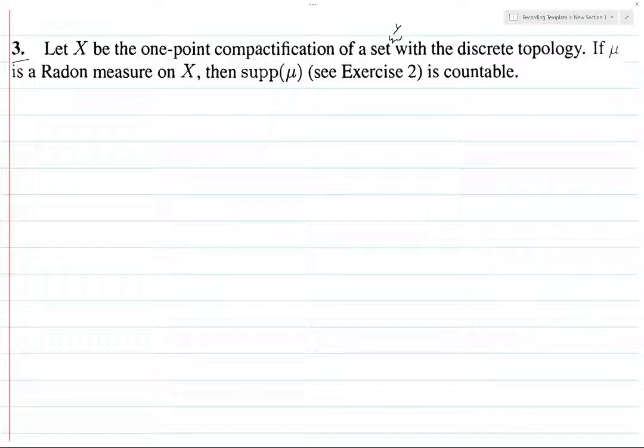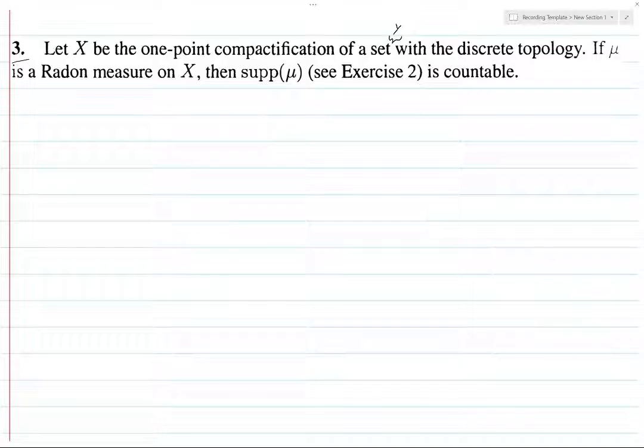A set is compact when it is a finite collection of points, and so then the complements are basically cofinite sets. Cofinite sets are also open. So X is the topology where all points, all singletons in Y are open, and all cofinite sets are open. But the cofinite sets we won't have to worry about, because those only deal with infinity, and infinity is just 1 point. And 1 point doesn't really matter when you're dealing with countability.